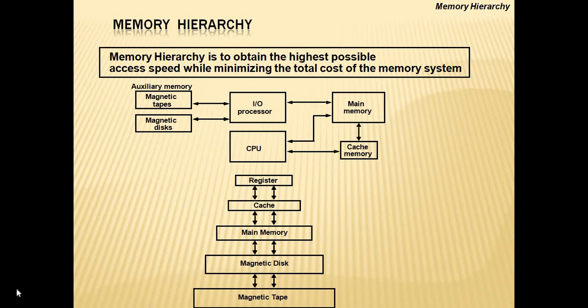While the input-output processor manages the data transfer between auxiliary memory and main memory, cache memory organization is concerned with the transfer of the information between main memory and CPU.